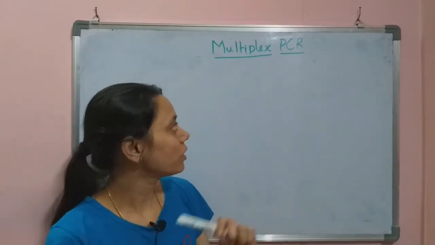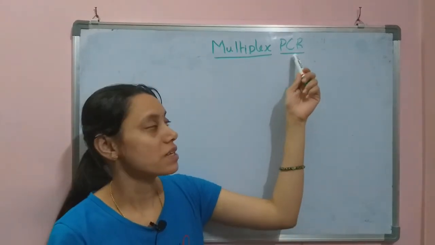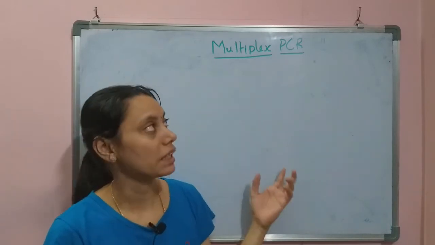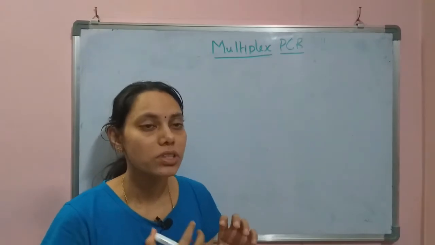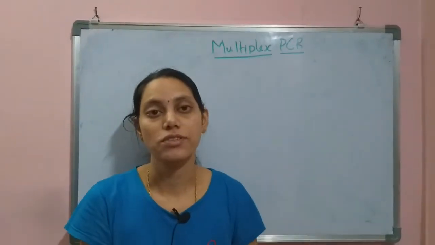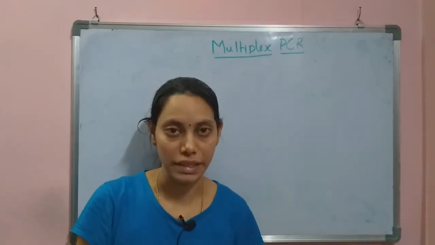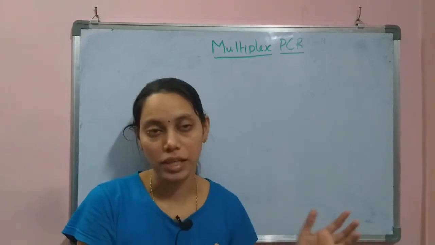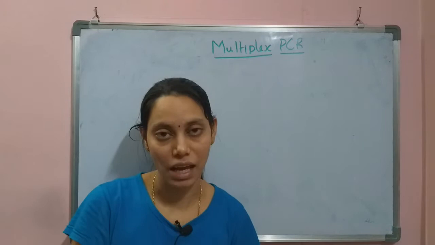So what is multiplex PCR? As the name indicates, it's a type of PCR. That means it is one type of extension to this PCR technique, that is polymerase chain reaction. Generally, these polymerase chain reactions are for the artificial amplification of the DNA in the laboratory. So if you want to amplify a stretch of DNA from a biological sample, you need to go for these PCR reactions.